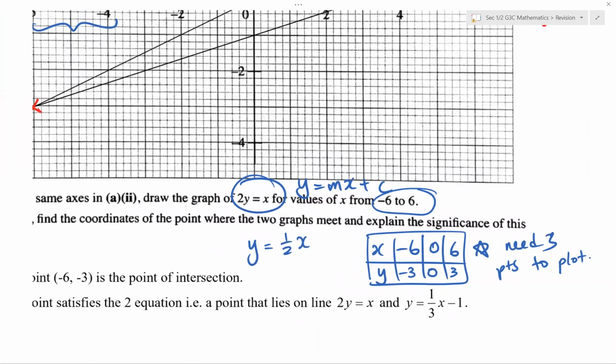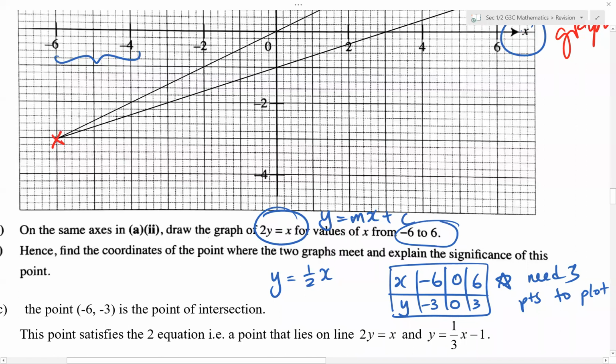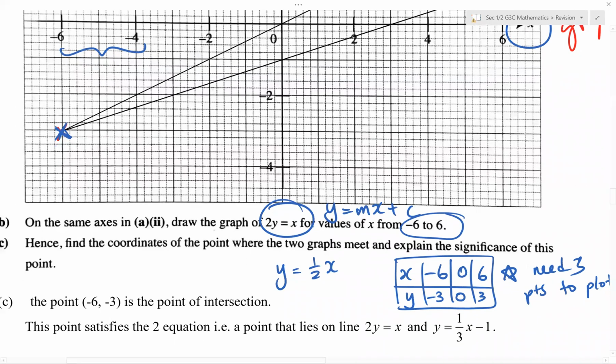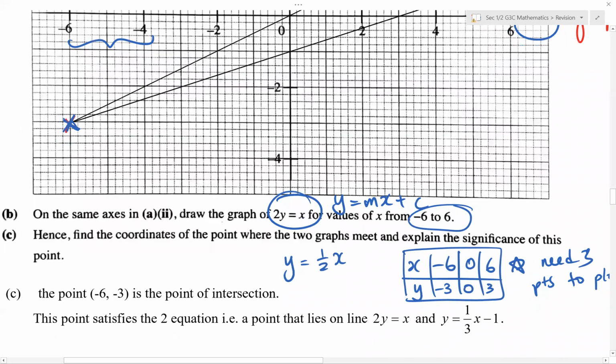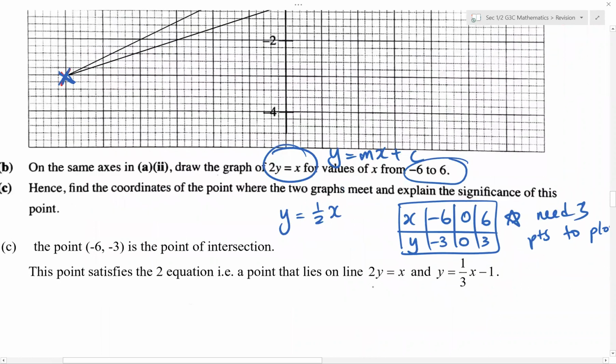Okay, so now they do intersect. Where do they intersect? At this particular point. It is a common point. So what is the significance? This point satisfies both equations. It is a point that lies on 2y equals x as well as y equals 1/3 x minus 1.